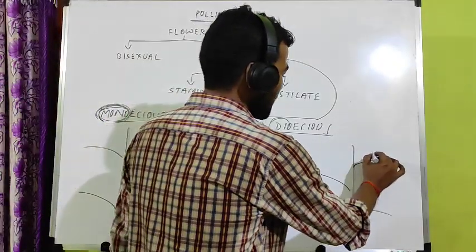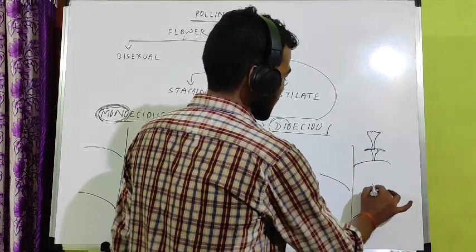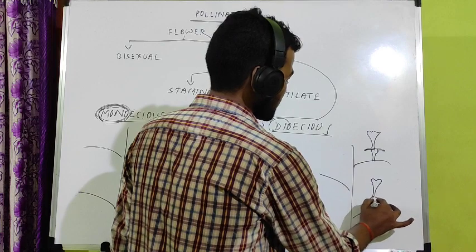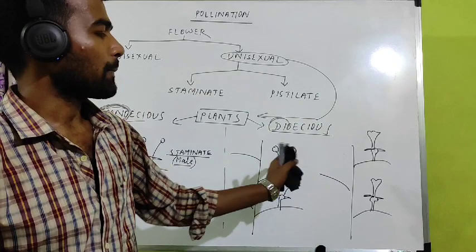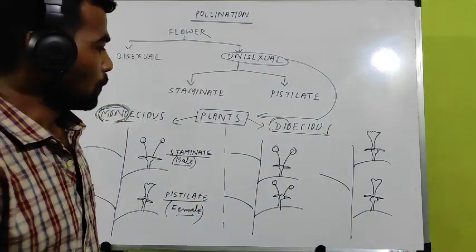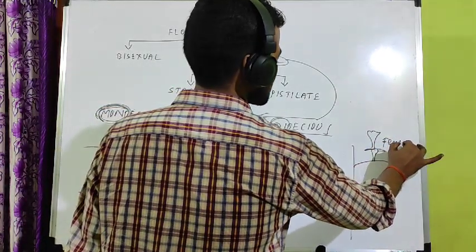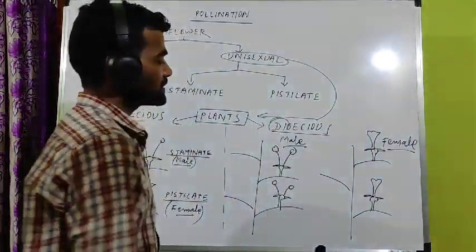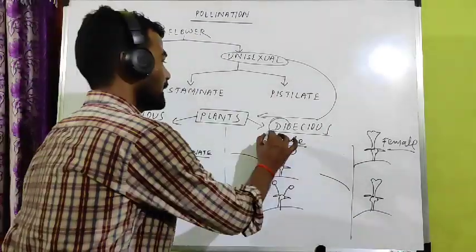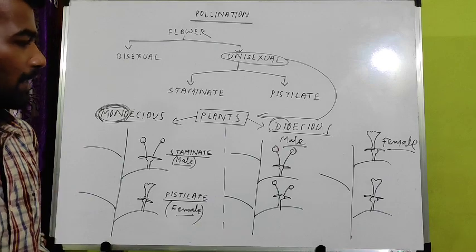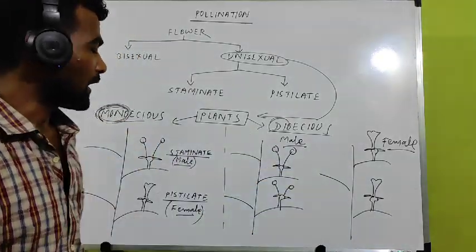In the other plant there are pistillate flowers. So staminate and pistillate flowers are found in two separate plants. When male and female unisexual flowers are present in two separate plants, that is called dioecious.